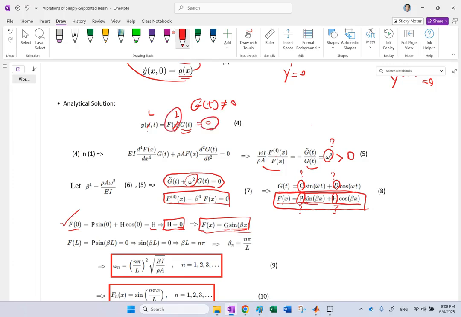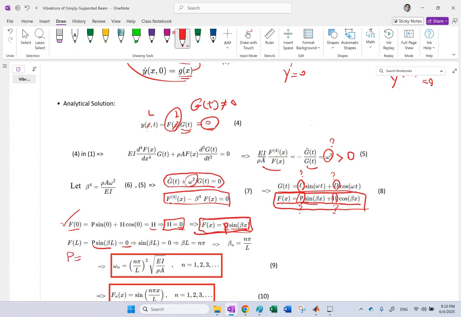Now here, in this solution that you found for f, you plug in L, so you get P sine beta L. This should be equal to 0. And clearly, well, let's make sure, I guess this should be P. So this is P, not G. P sine beta L should be 0, but remember, P cannot be 0. Here is the product of two terms. P cannot be 0.